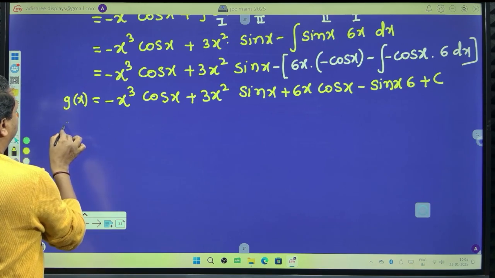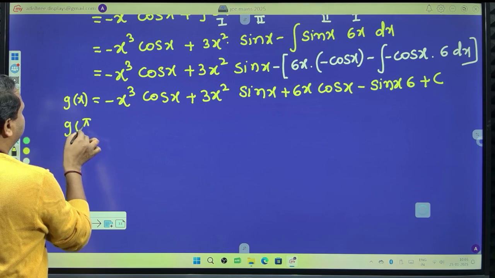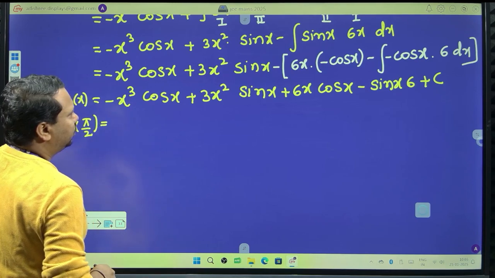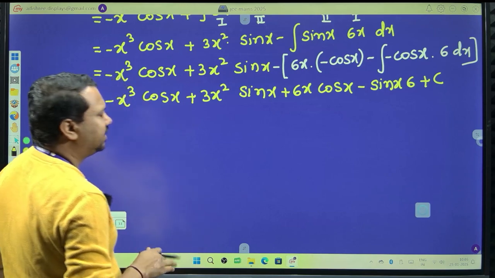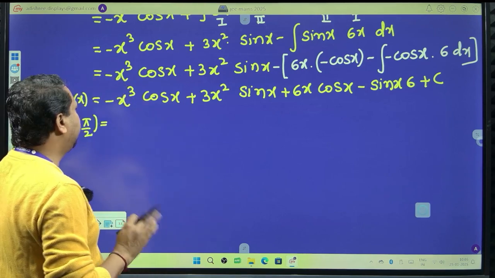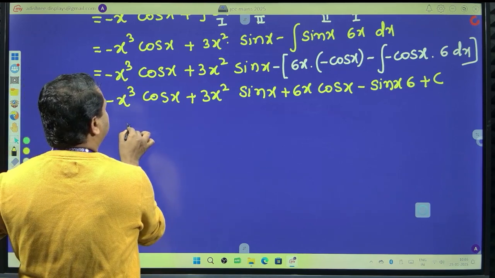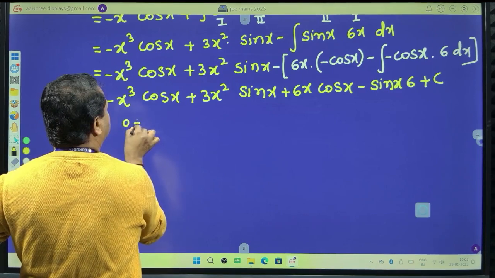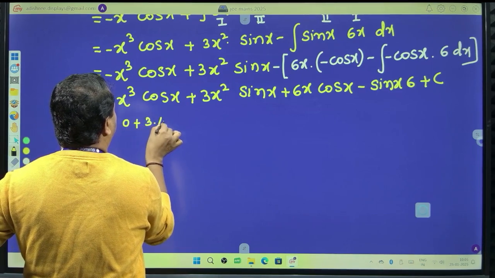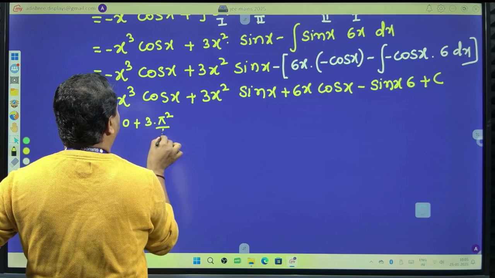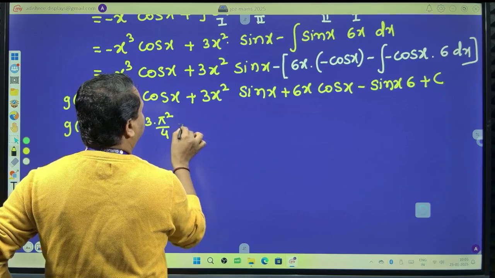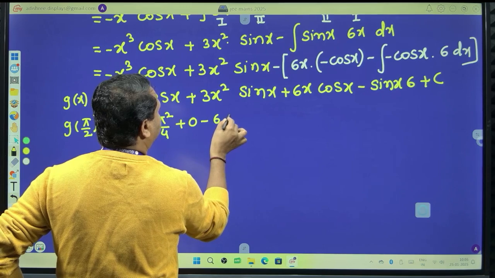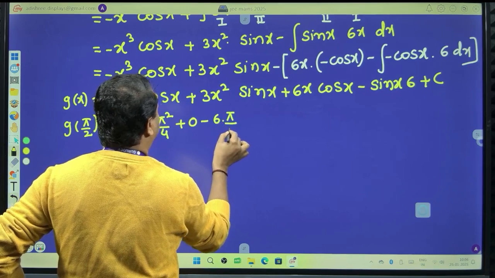In the question we have g of pi by 2, means put x equal to pi by 2, right. So, we have sine and cos functions only, sine 90 is 1, cos 90 is 0. So, this term is 0, 0 plus 3 into pi square by 4 into sine 90, which is 1, plus again 0 minus 6 times pi by 2.